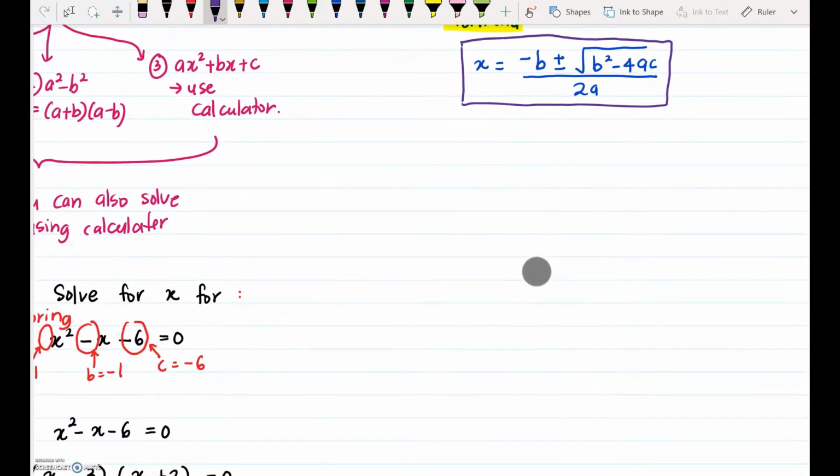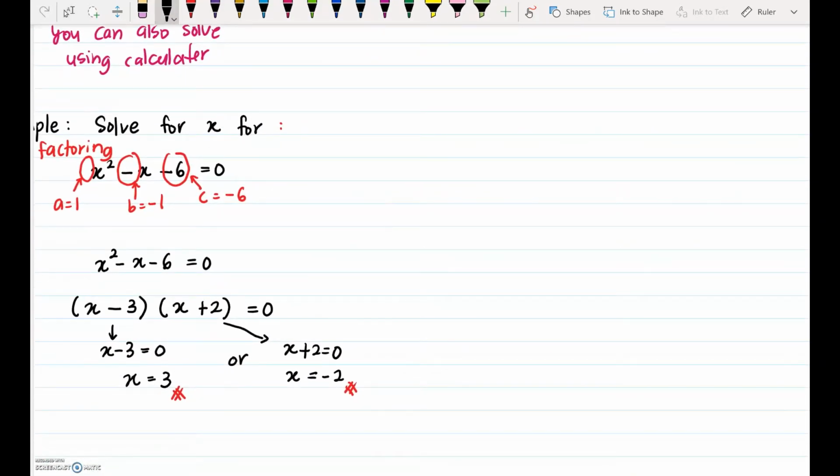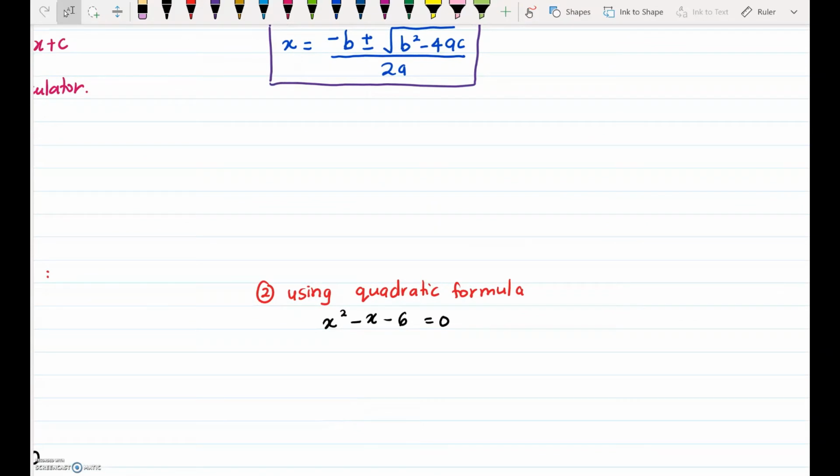It is called the quadratic formula. So let's see if we want to solve the same question, x squared minus x minus 6 equals to 0, using the quadratic formula. To use the quadratic formula, you have to know what is your a, what is your b, and what is your c.